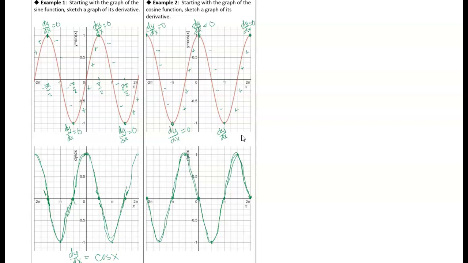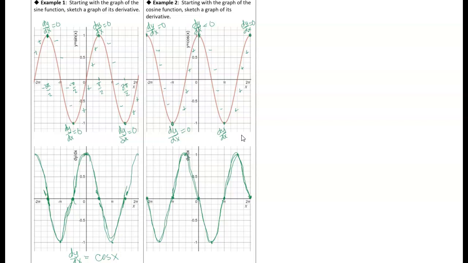We've got a derivative of 0 at the points where it's changing direction, right? So at negative 2 pi, negative pi, 0, pi, and 2 pi, you can see where I've drawn the x-intercepts because the derivative is 0 at those points. That means it's changing from either increasing to decreasing or decreasing to increasing at those points.